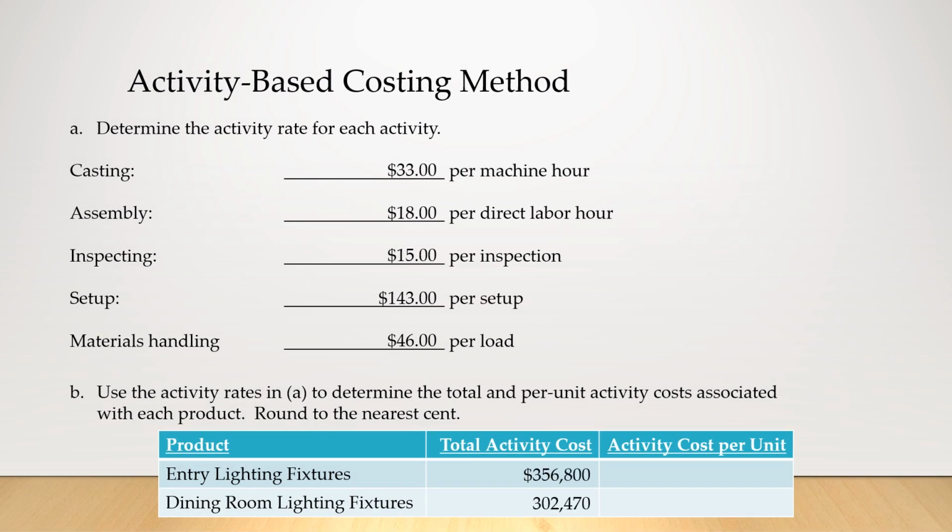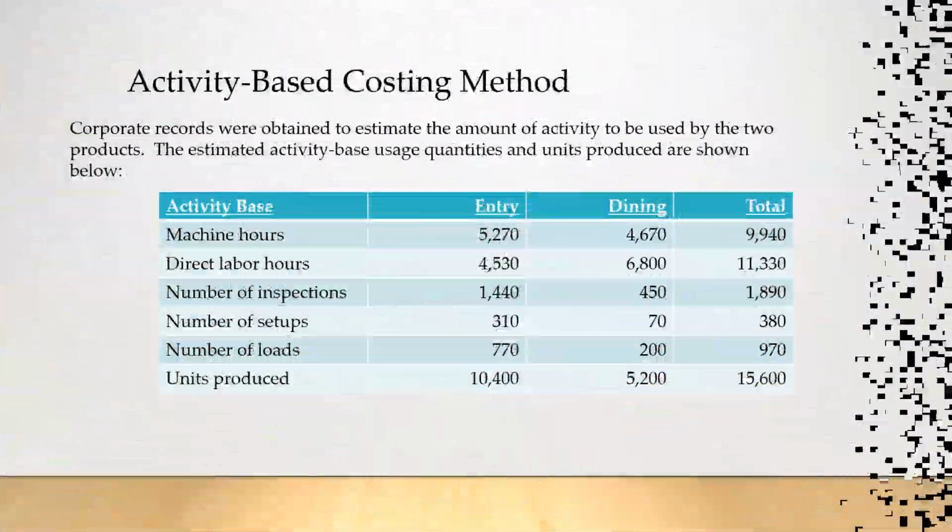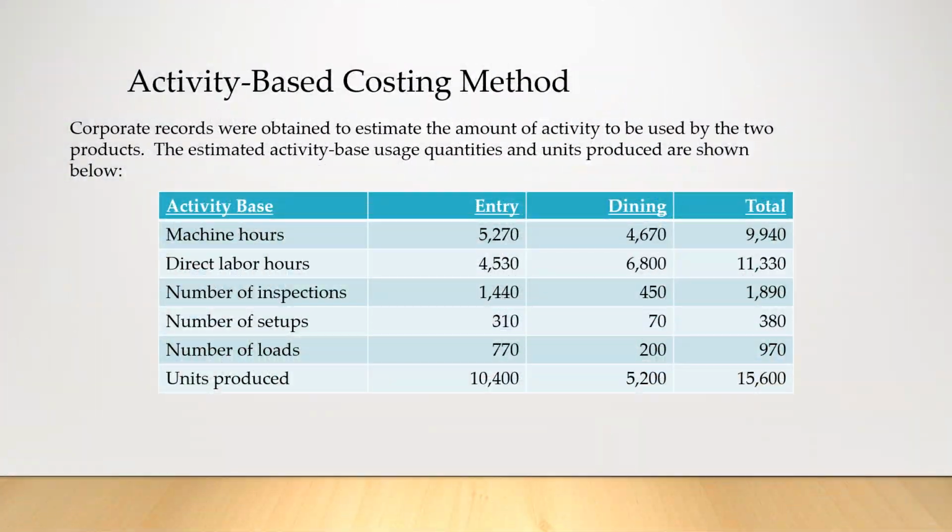Finally, we'll figure out our cost per unit for our two product lines. Look back at the second table for the activity bases in your problem information. The last row gives the total units produced for our two types of fixtures.